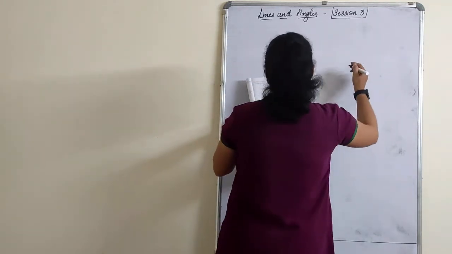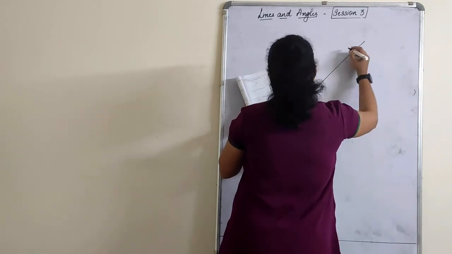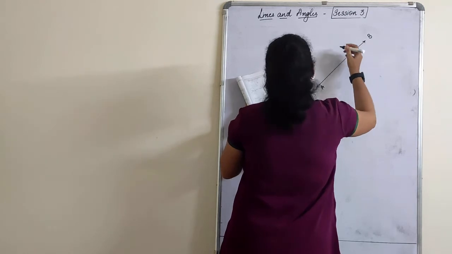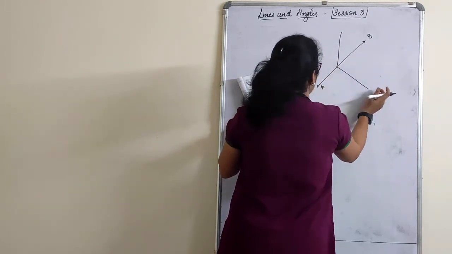So the figure given is, this is A, this is B, this is C, and this is D. Okay.